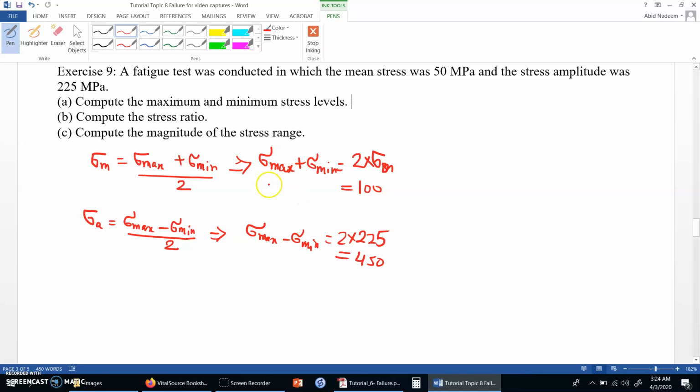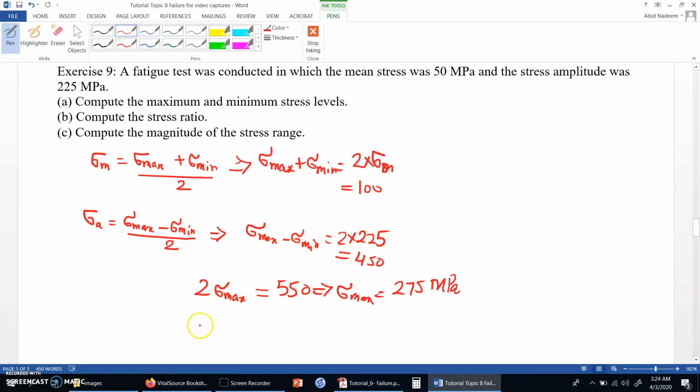So if I take these two equations and add them, I get 2 times sigma max, because sigma min minus sigma min will cancel out, so it will be 100 plus 450, it will be 550. And sigma max then becomes 275 megapascal.